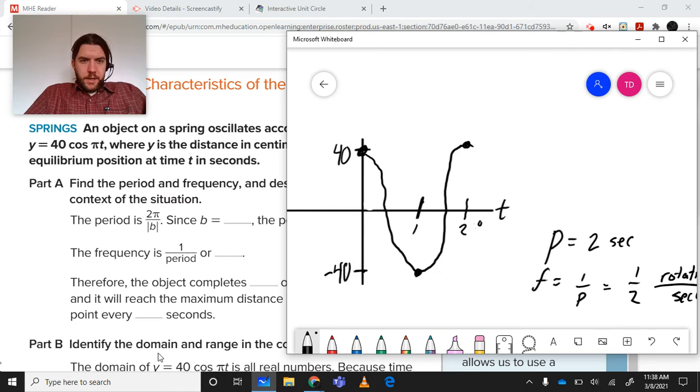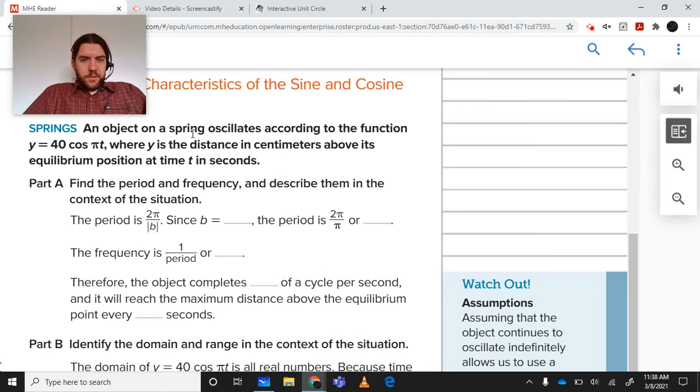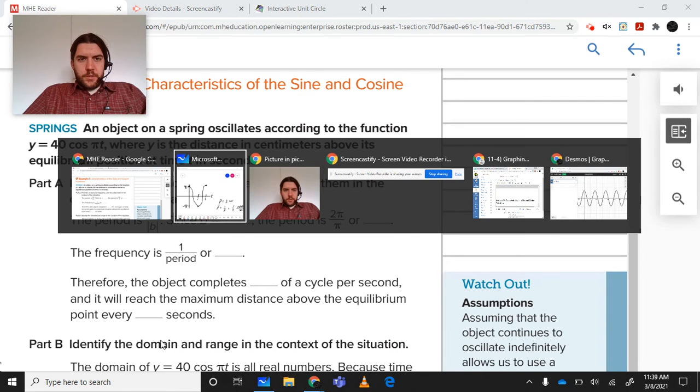Now the domain and range. The domain is going to be all values of t. There's not any amount of time that we can't use on the x-axis. But in the context of this situation, maybe we should limit the domain to 0 seconds and above.